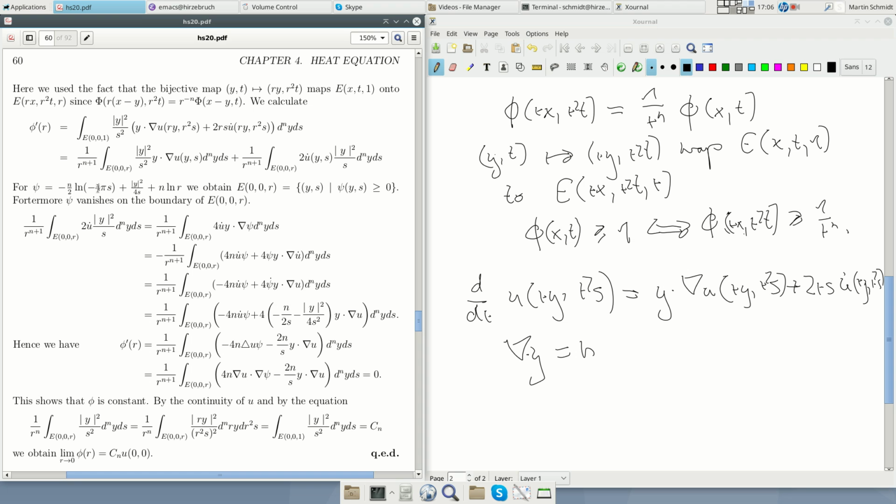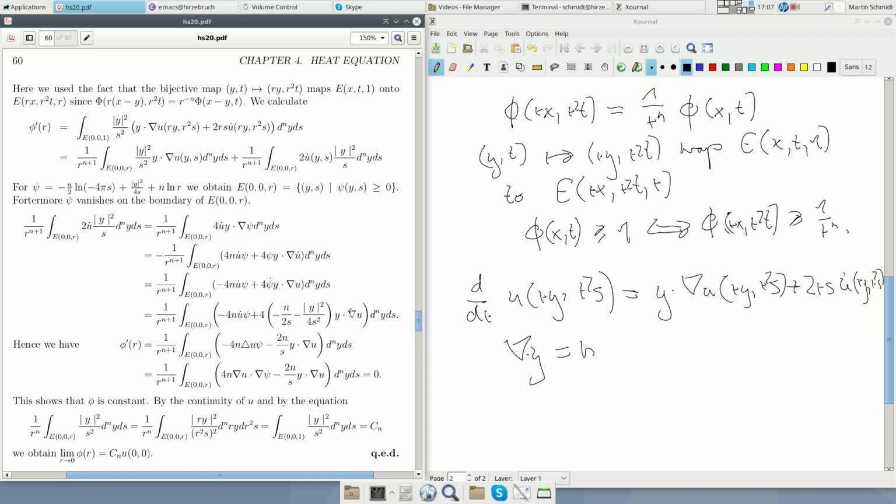This minus and this 4 pi cancel, because the logarithm of a product is the sum of the logarithms. By taking the derivative, this doesn't contribute. So we just get minus n half times 1 over s. So this is this expression here.